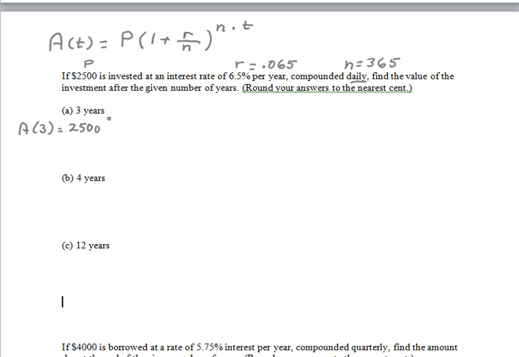So we'll have A of 3 equals 2,500 times 1 plus 0.065 divided by 365, all raised to the 365 times 3.